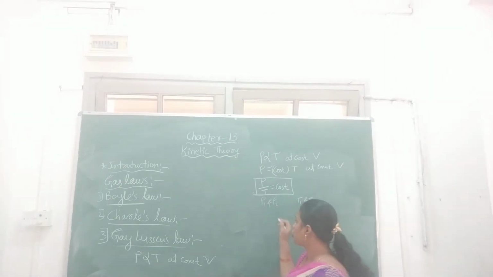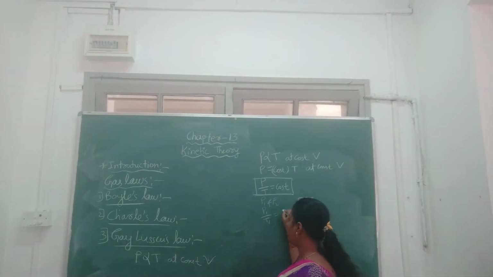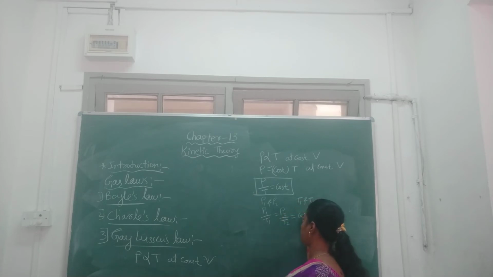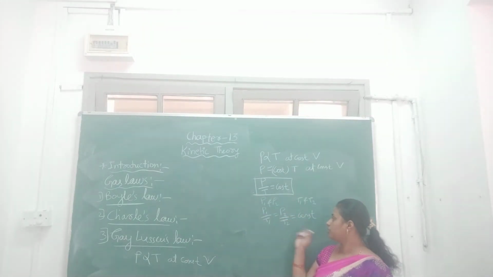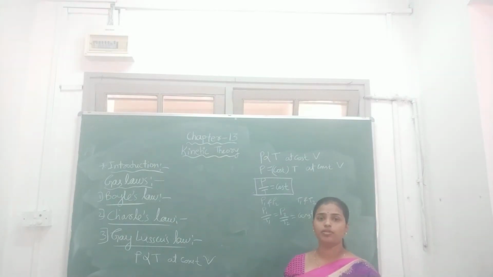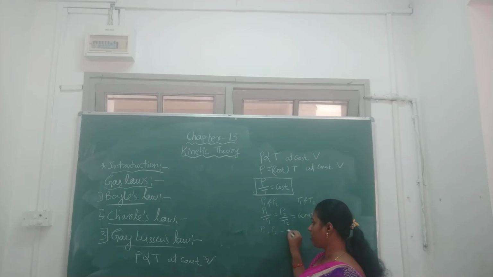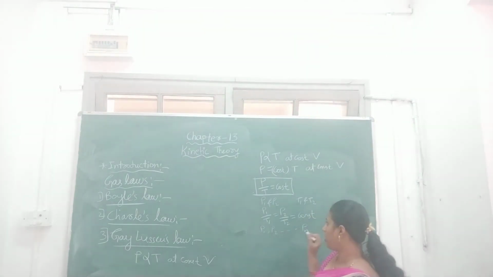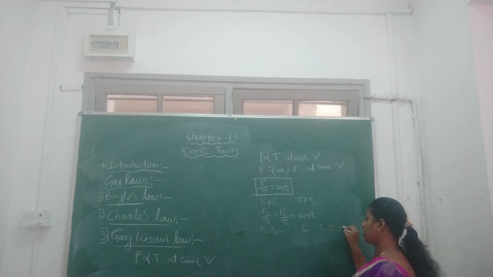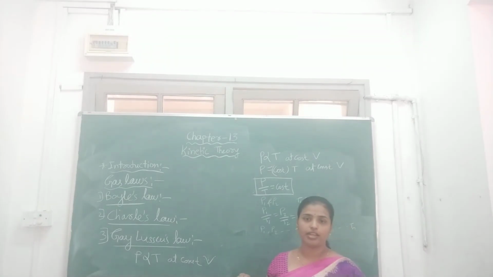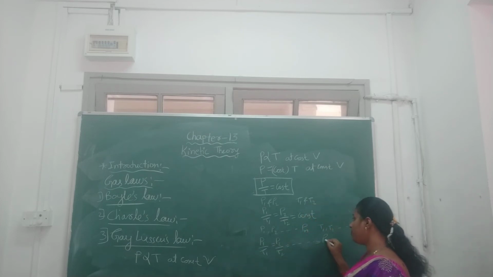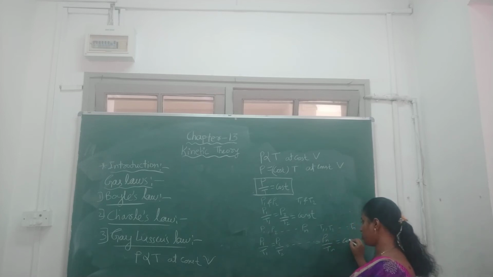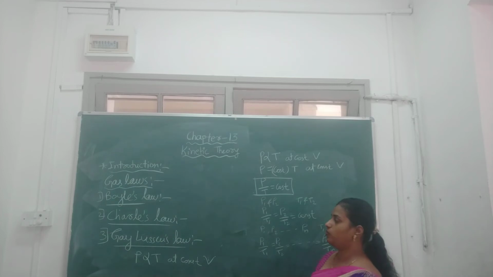Then the equation becomes P1 by T1 is equal to P2 by T2 is equal to constant. For n number of terms, suppose P1, P2, up to Pn are the pressures, and T1, T2, up to Tn are the temperatures. Then the equation is P1 by T1 is equal to P2 by T2 is equal to up to Pn by Tn is equal to constant. So this is the Gay-Lussac law.